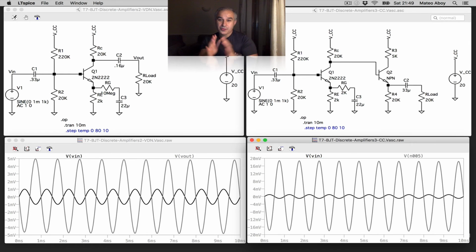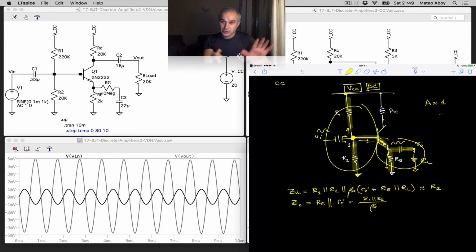We could also do a 3-stage amplifier if we wanted to increase the input impedance. We could optimize and create a common collector, meaning an emitter follower, for the input stage with a gain approximately equal to 1, but we optimize the input impedance as high as possible. This is my input.